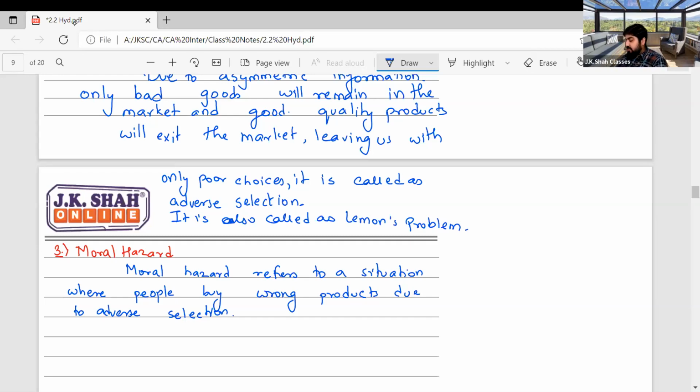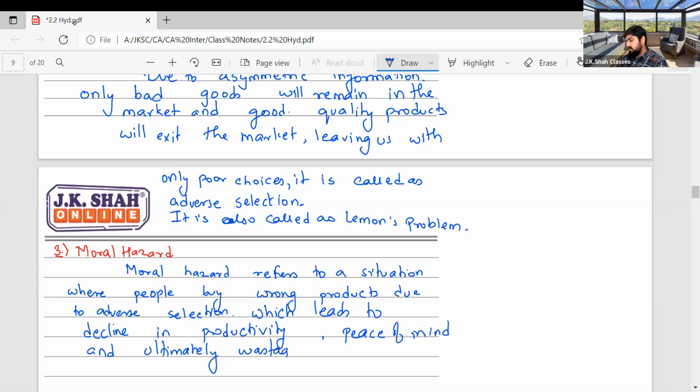Moral hazard refers to a situation where people buy wrong products due to adverse selection, which leads to decline in productivity, peace of mind, and ultimately wastage of resources, which results into market failure.